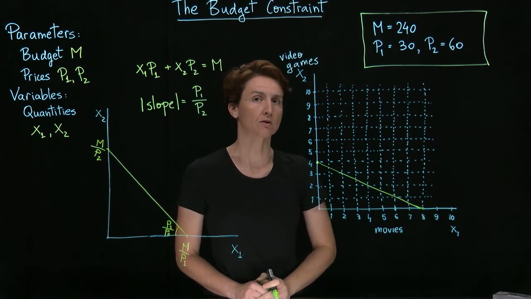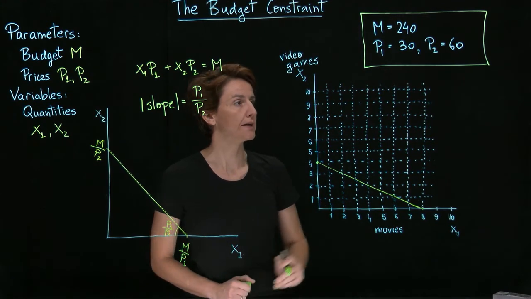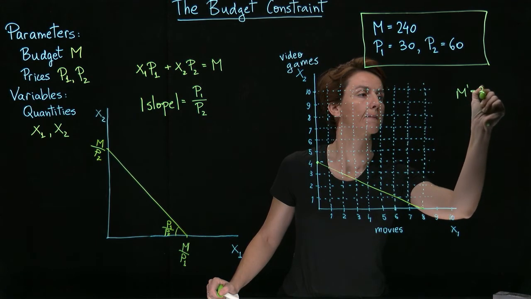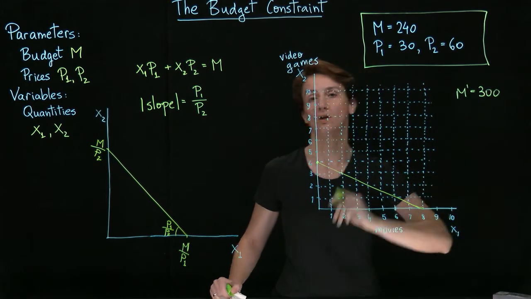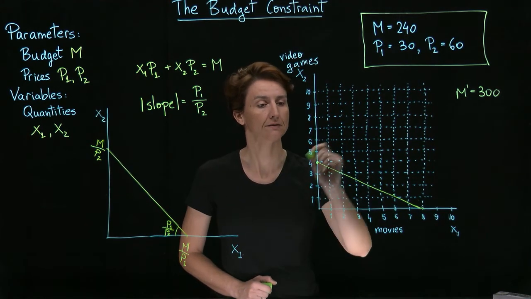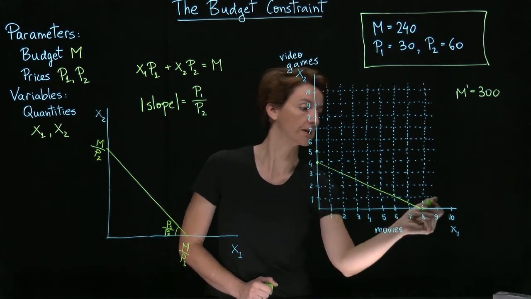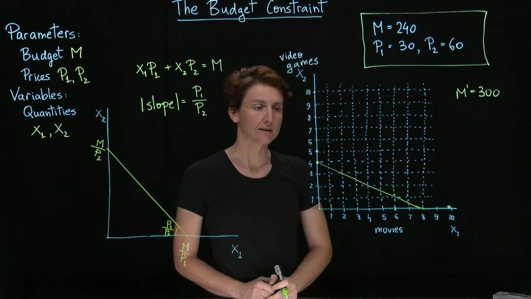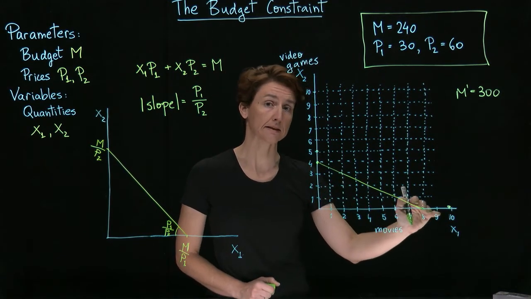Now let's consider some possible changes to parameters. First, what will happen if there's an increase in the budget to $300? Now you could afford at most 5 video games or at most 10 movies. In between them, the trade-off rate will remain the same.